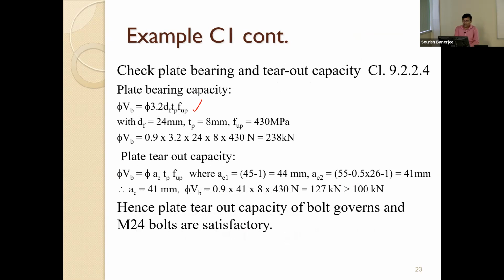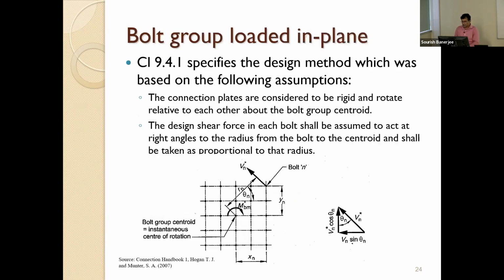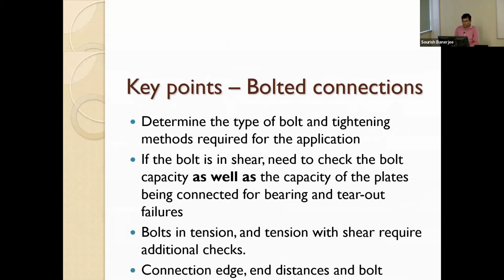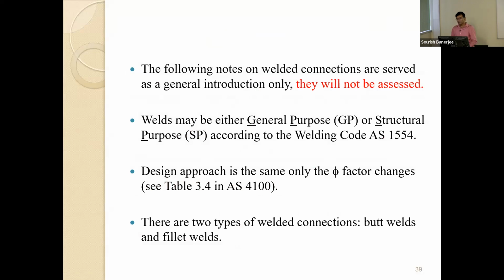On the other hand, the tear out capacity is governed by two parameters: one is the edge distance and the spacing of the bolts, and then of course the other parameters are the thickness of the plate and the ultimate tensile capacity of the plate. So now let's look into the welding connections.